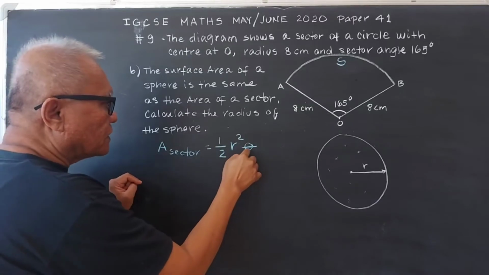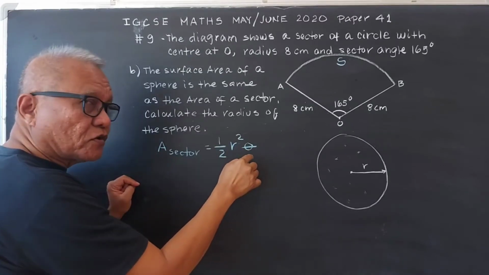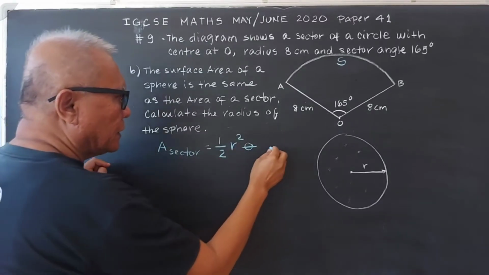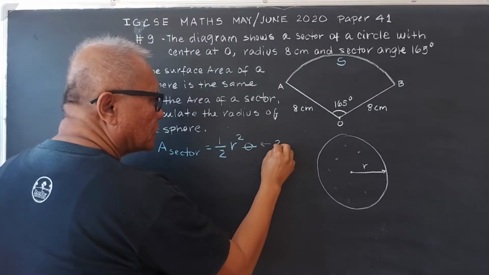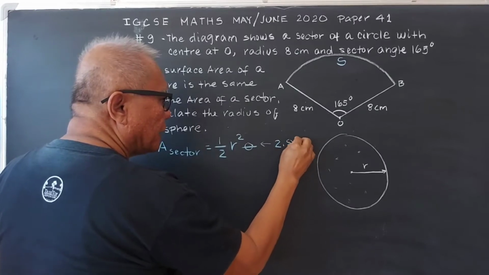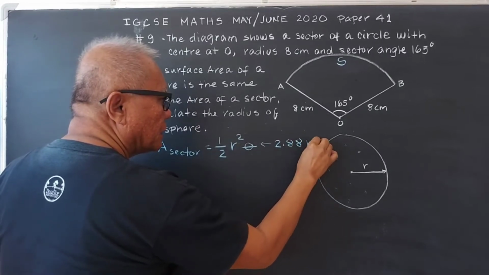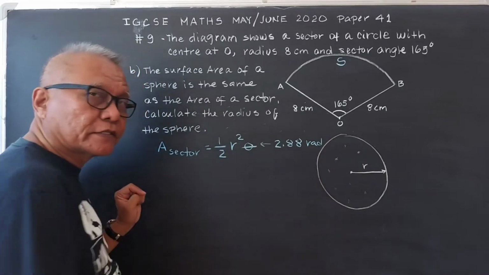Now, the central angle is already solved. We have solved that one already. And our theta is equal to 2.88 radians.